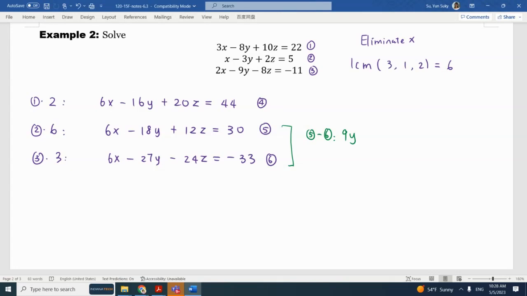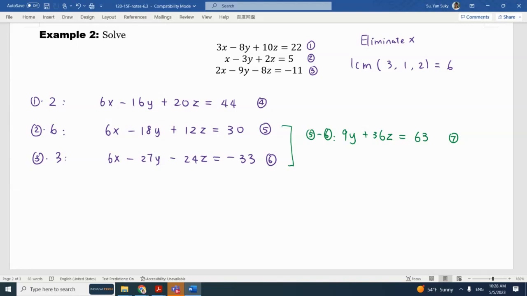Yes, 36. So 36 equals what? 63. Yes, 63. So when you subtract equations, remember minus negative is positive. Okay, everybody? Good. We call it equation 7.